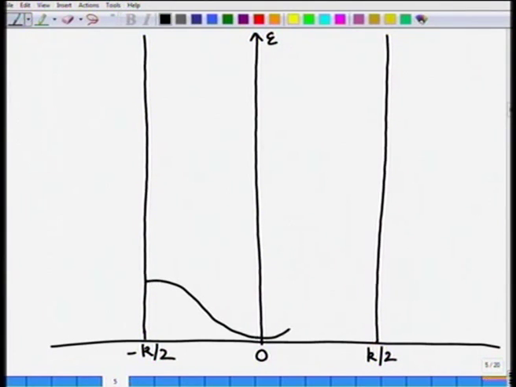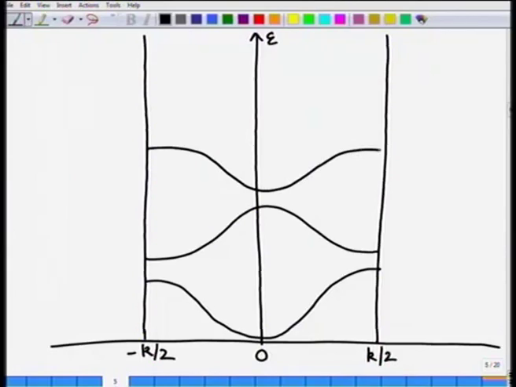I am applying the electric field, let us say, in the K direction. If I do that, what will happen? Let us put the electrons again.